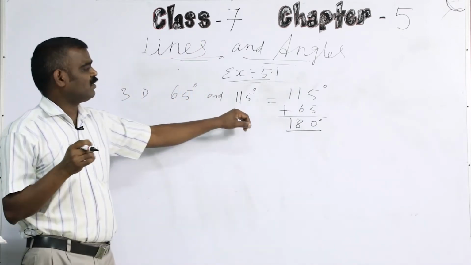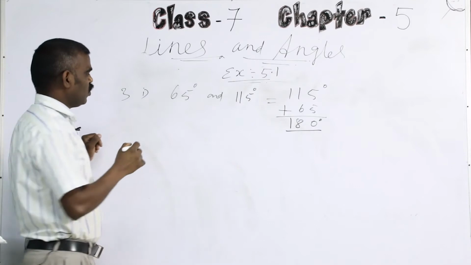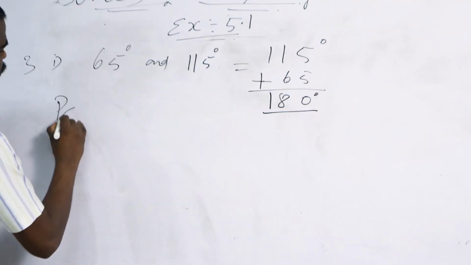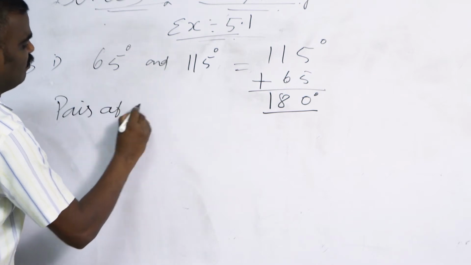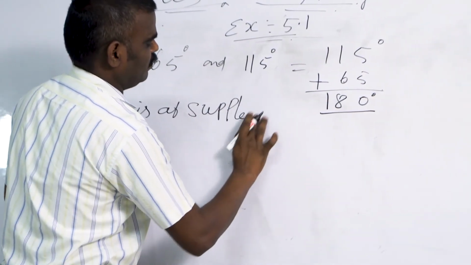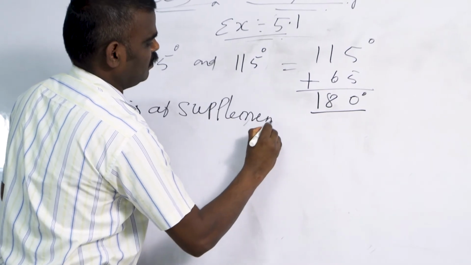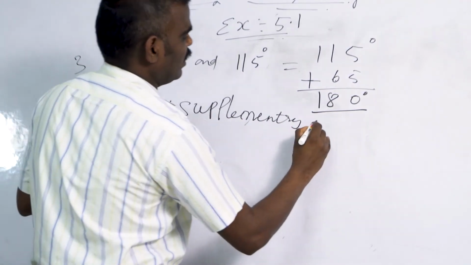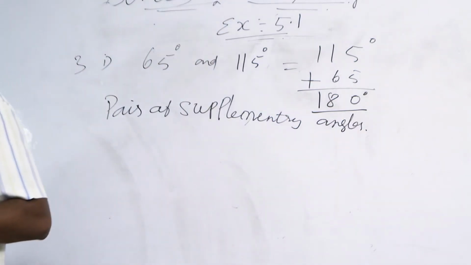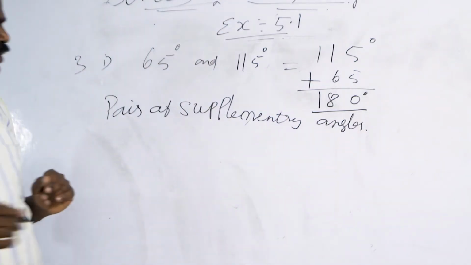What are these two angles called? Supplementary angles. A pair of supplementary angles.